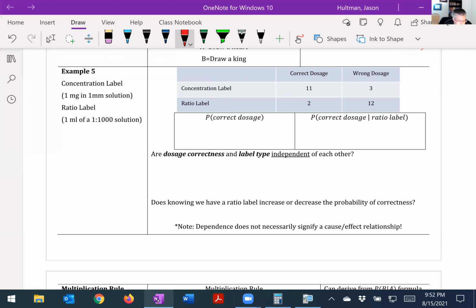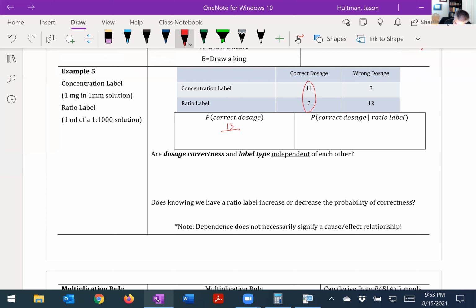Okay, so what's the probability of getting a correct dosage? Well, we have to add these up. The number of correct dosages here is 13, out of the total dosages. How many dosages are there? I have to add these up: 11 plus 3 plus 2 plus 12.